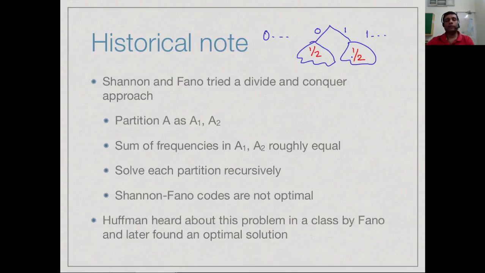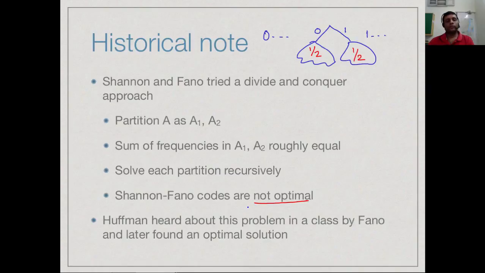So I split the alphabet into two of equal weight, assign some of them to start with 0, the other to start with 1, and then I recursively solve this. So I partition A as A1, A2. The sums of the frequencies in each of the sets are roughly equal. Solve them recursively. Unfortunately, this is not guaranteed to generate an optimal encoding. You can come up with examples where you end up with something which you can improve by doing some other thing.